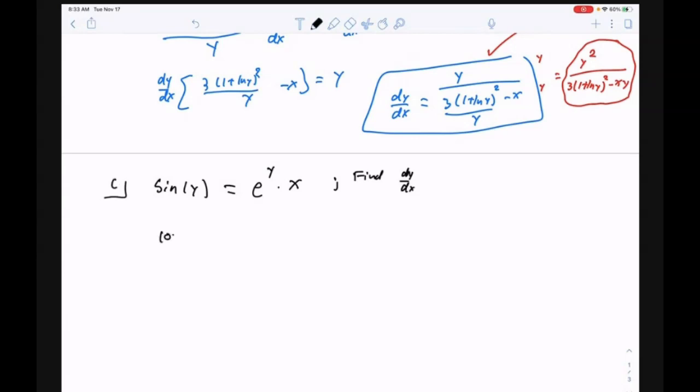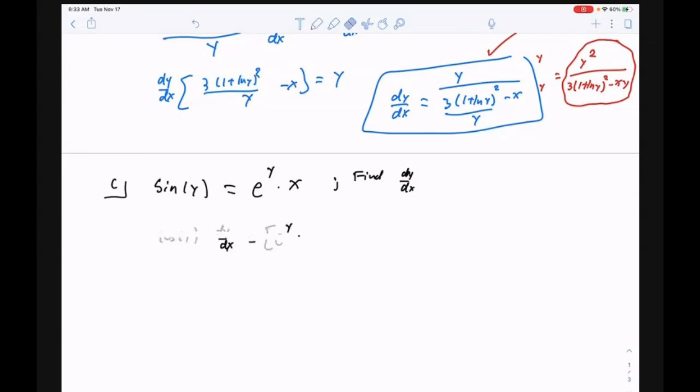Okay, so cosine of y times dy dx equals. Okay, and then you have your e to the power y, times your, wait, is this a product rule?